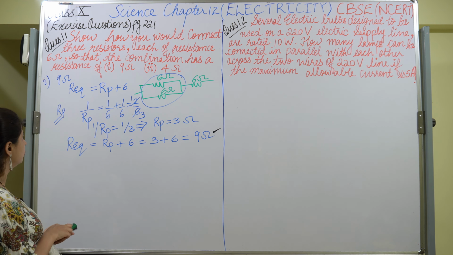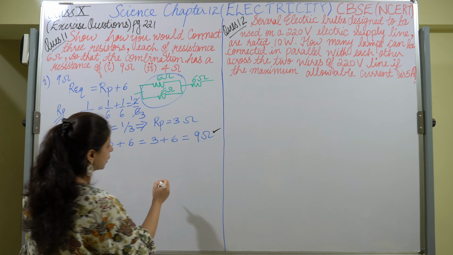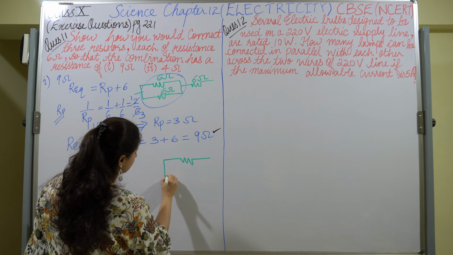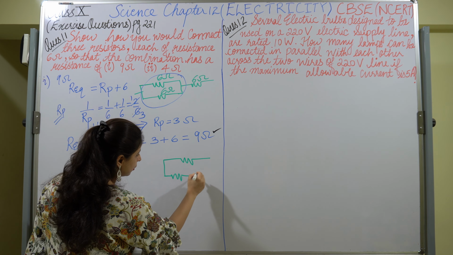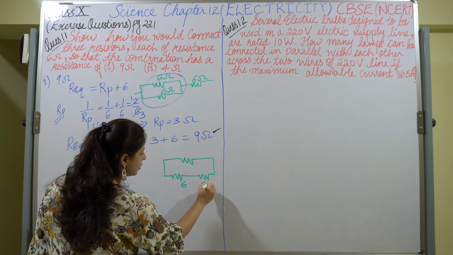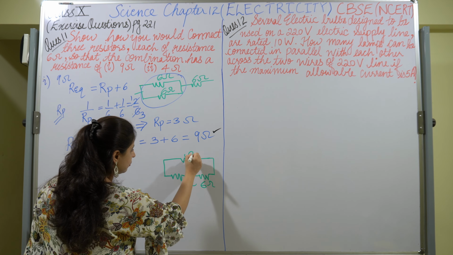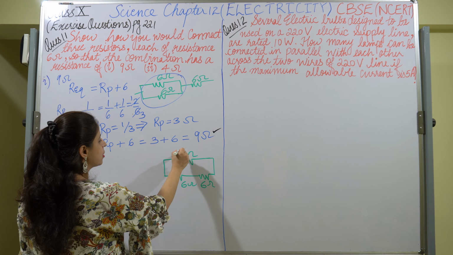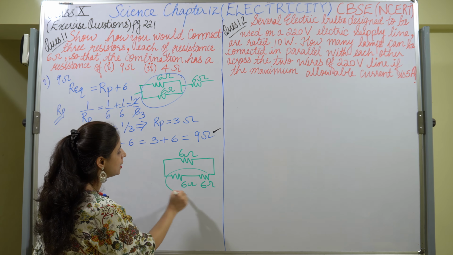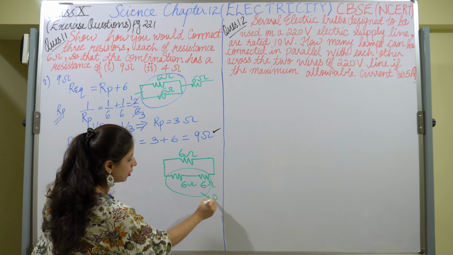So let us draw the circuit. Two 6 ohm resistances are connected in series and the left out 6 ohm is connected in parallel with it. So this forms the series circuit Rs.